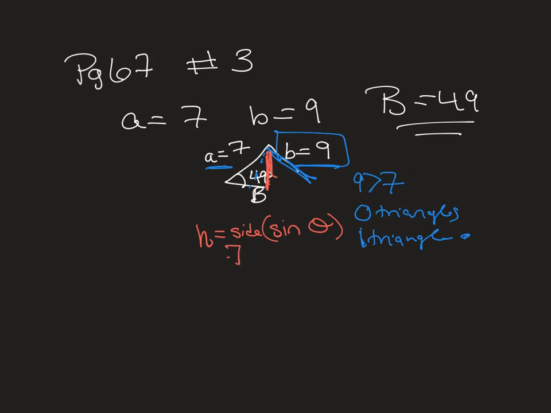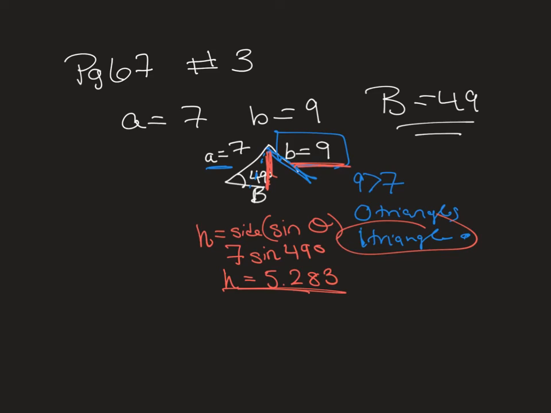So in our case, it's going to be 7 sine of 49 degrees. And when you type that in the calculator, you should get that your height equals 5.283 approximately. So we know we're going for that 1 triangle because this side b is longer than my height, so I can swing it out and make my 1 triangle.